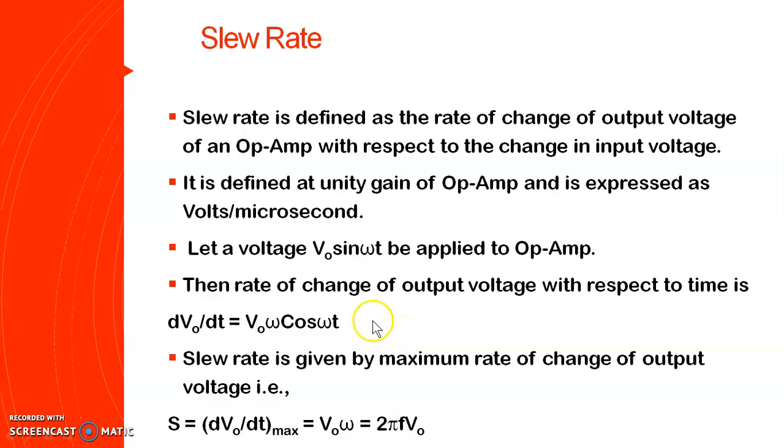So now from this expression, V0 omega cos omega t is maximum when cos omega t is 1. So therefore maximum dV0 by dt is nothing but V0 omega, which is defined as the slew rate. And omega I can write as 2 pi f. So hence I can write slew rate as 2 pi f V0, where V0 is the magnitude of the voltage.